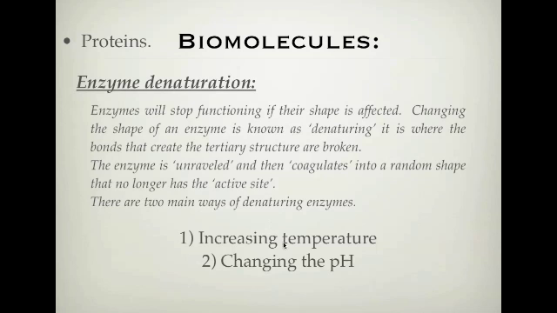And a nice example of how this works is yeast, which is an enzyme that catalyzes the fermentation of glucose into ethanol and carbon dioxide. I make a lot of bread at home, so I use a lot of yeast to do that, and I keep my yeast in the freezer.